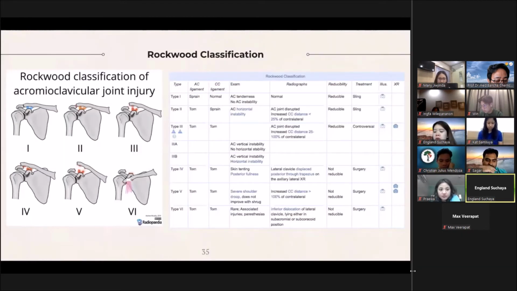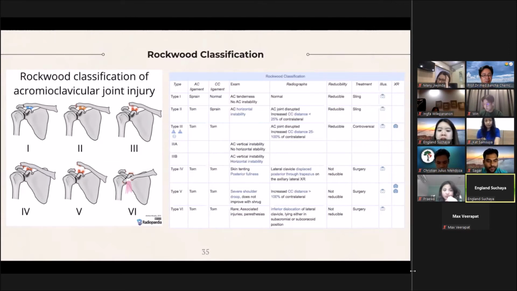So onwards to the Rockwood classification of acromioclavicular joint injury. There are six types, and the types matter because the treatment is different, and you have to decide what to do for each type.